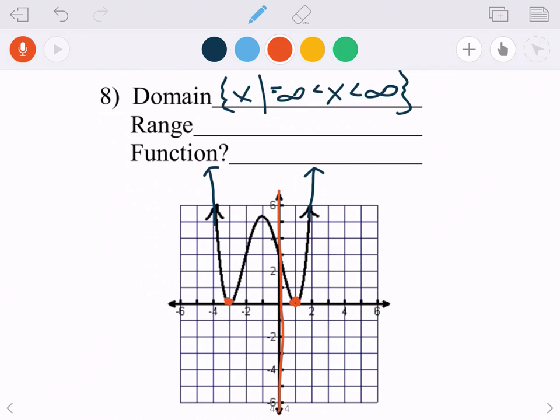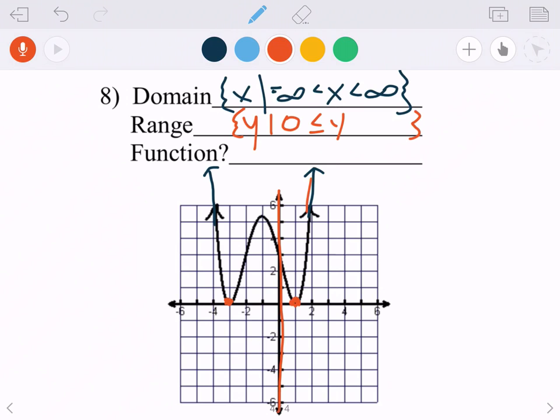So there are no points in this graph less than y equals 0. So when I'm representing that, again, I'm going to have my set builder frame. y has to be greater than or equal to 0. There's nothing that goes below y equals 0. So y has to be greater than or equal to 0.